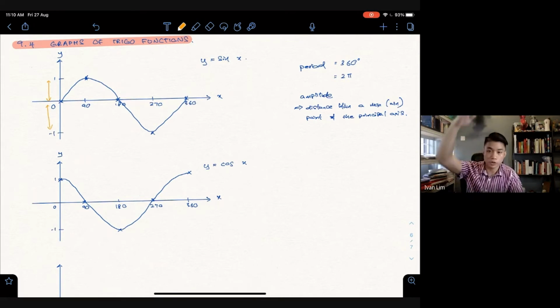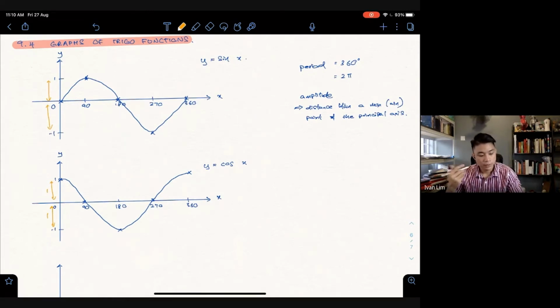Not from bottom to top, but from middle to bottom or middle to top. Both you can see that way. Same goes for cos x also, here 1, here 1. So your amplitude is 1. So we learned 2 new terms. First one, period. Second one, amplitude.